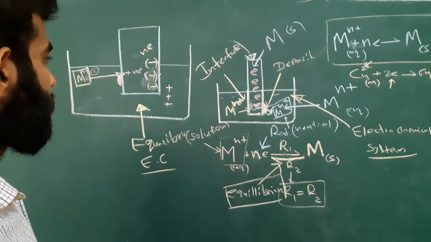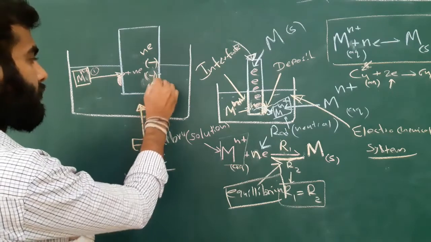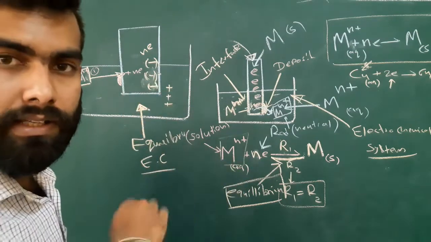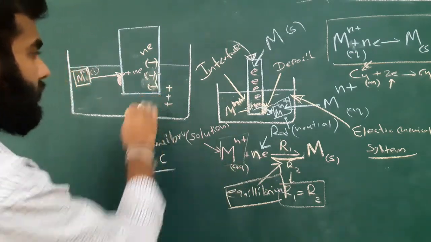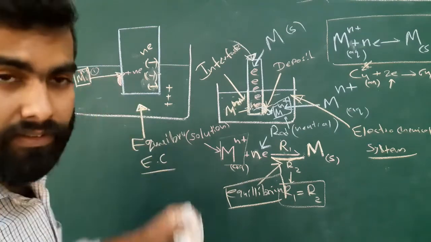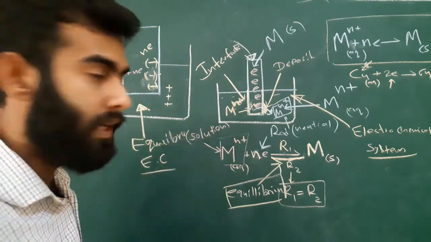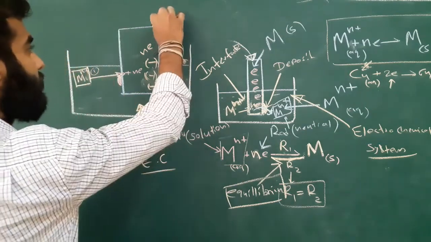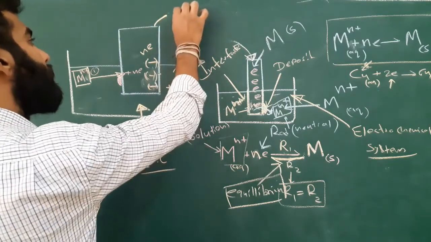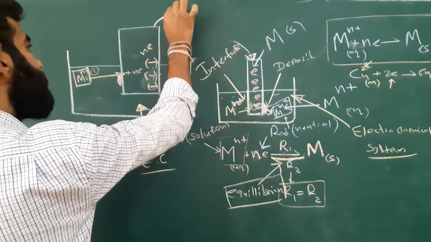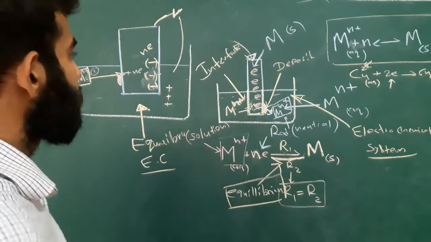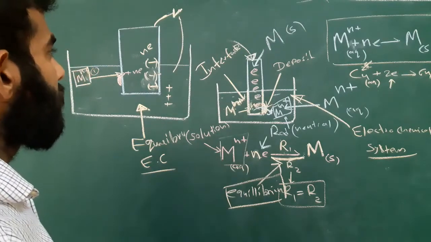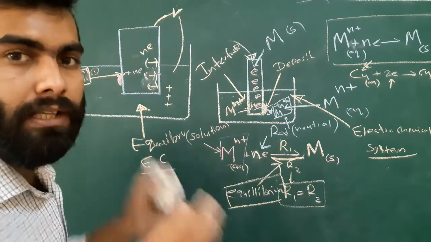At that time we can see a permanent charge separation of these interfaces, solid and aqueous phase. At that time we can see a voltage difference, or potential difference, of both interfaces.